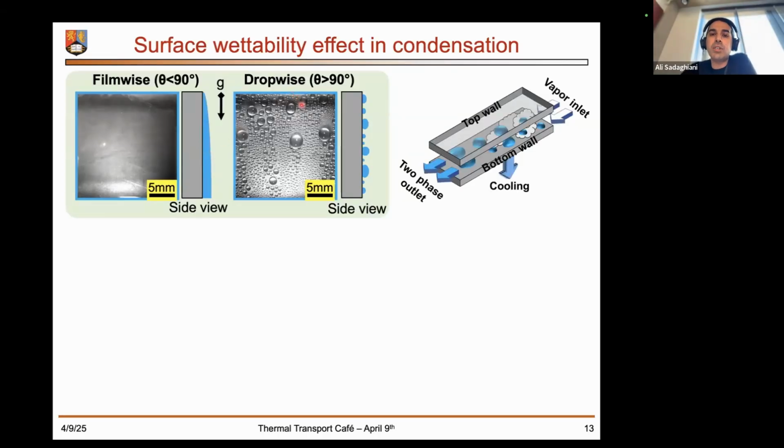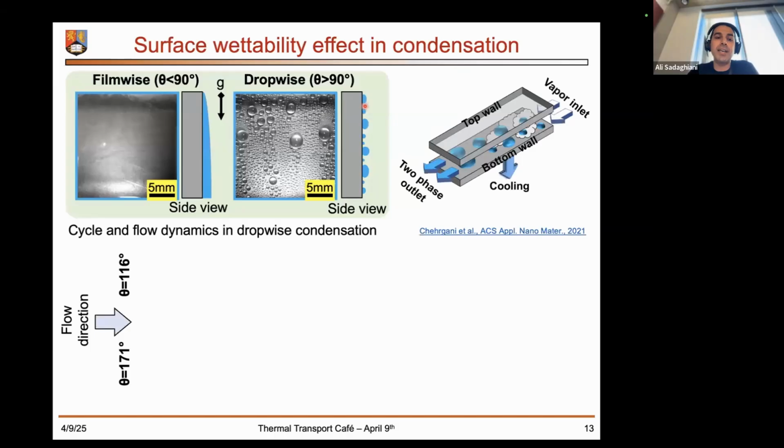In dropwise condensation, where the contact angle is higher than 90 degrees and it takes place on hydrophobic surfaces, we have discrete droplets forming on the cold surface, and as a result, we have a better performance in terms of condensation heat transfer.